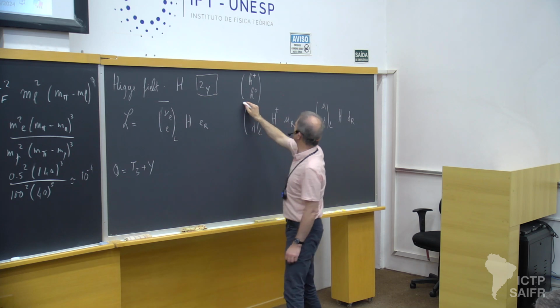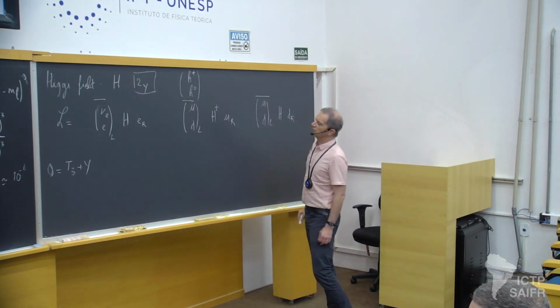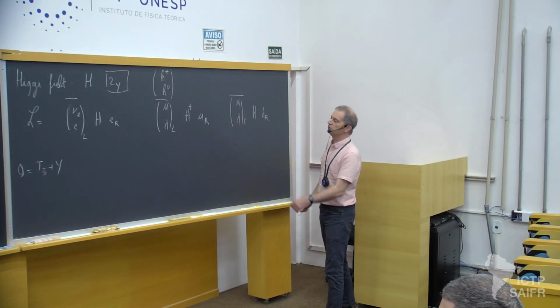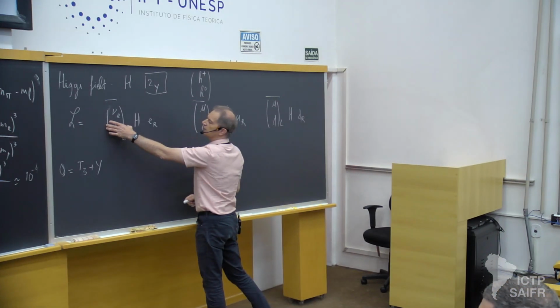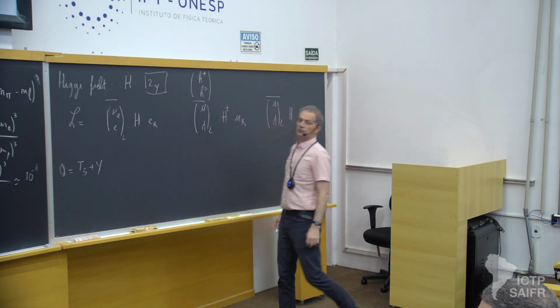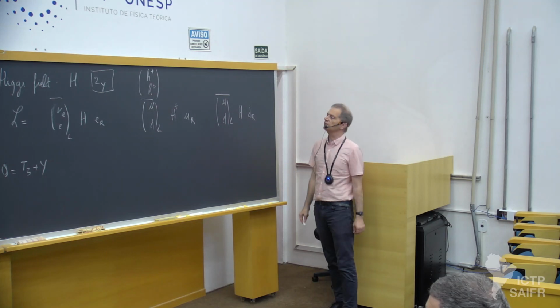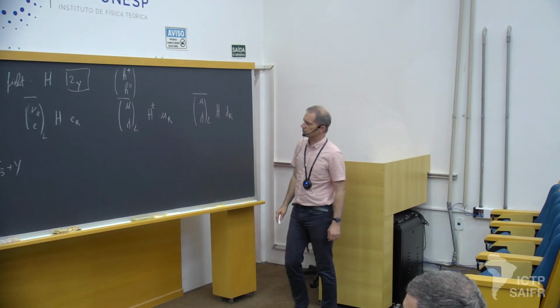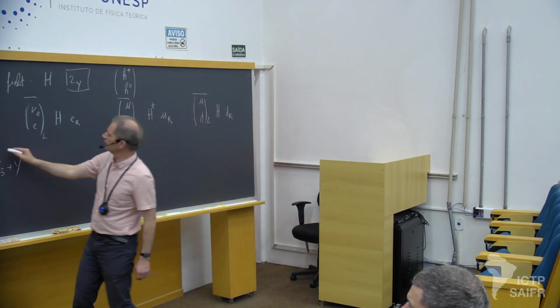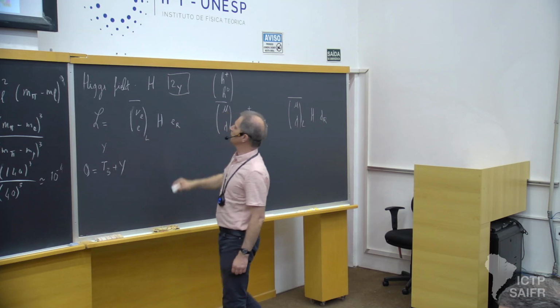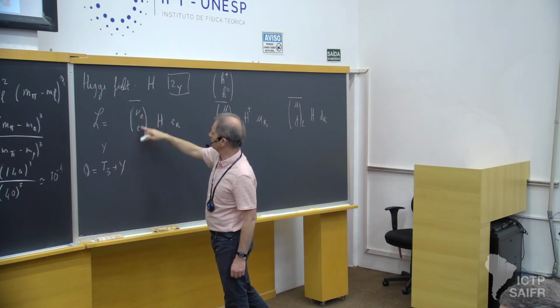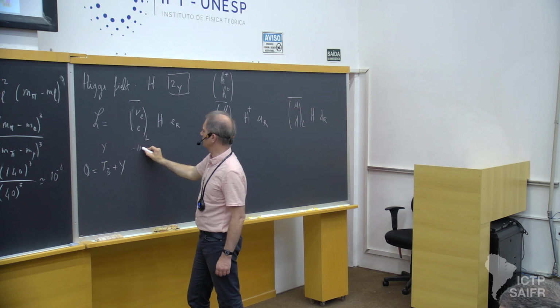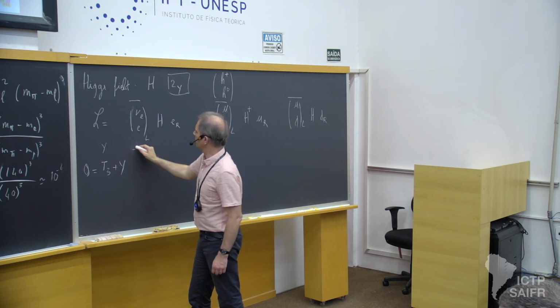Now I won't put the bars. To obtain something which is invariant under Lorentz transformation, I need to take a fermion bar times a fermion. That's the only thing that is invariant under a Lorentz transformation. So now, if I'm looking at the hypercharge of this object, here it's 1/2, so it's -1/2, no, +1/2.